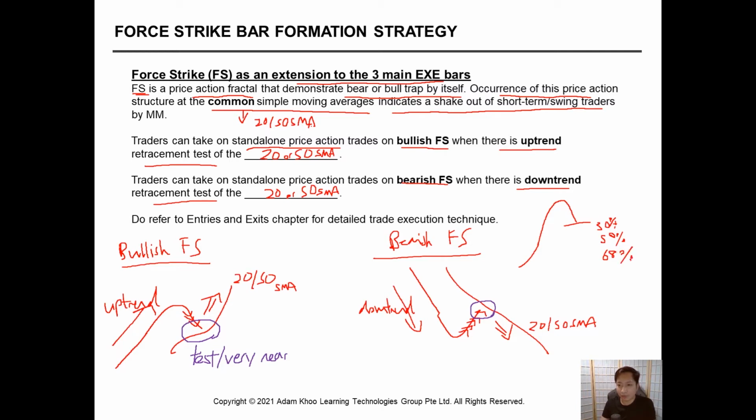You never know which one will test until it tests. So the thing is that we are anticipating what will happen, and then we trade based on the facts, what the price action tells us at such levels. Okay.